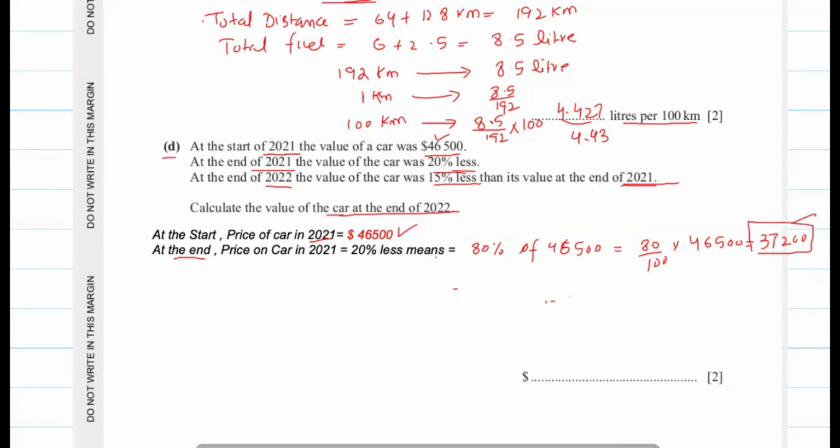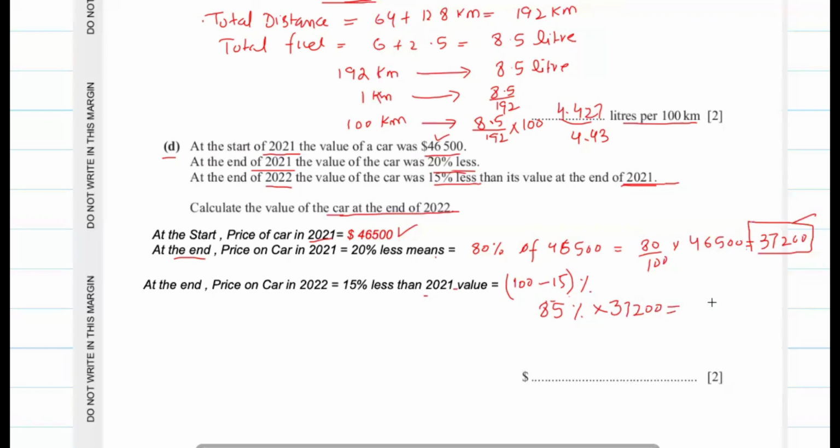Therefore, the value of the car at the end of 2022 will be equal to 15% less than this value. It means 100 minus 15%, this value is 85%, and we can write 85% of this value.